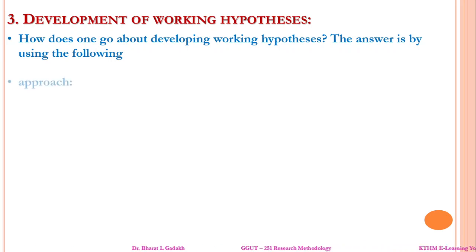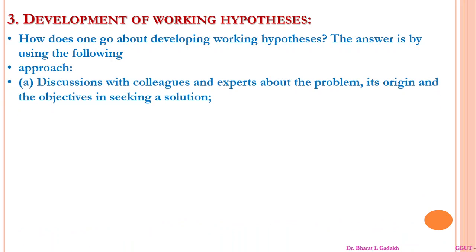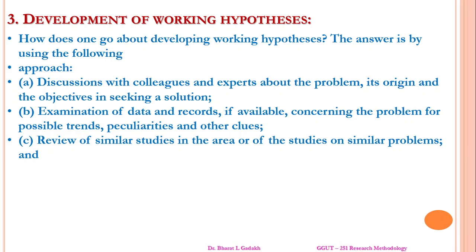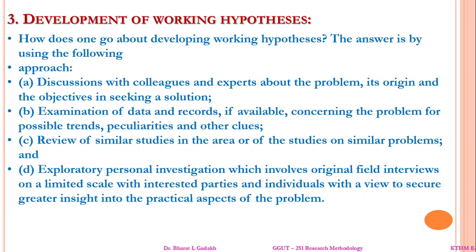The answer may be by using the following approach: discussion with colleagues and experts about the problem, its origin and the objectives in seeking a solution; examination of the data and records available concerning the problem for possible trends, regularities and other clues; review of similar studies in the area or of studies on similar problems; and exploratory personal investigation, which involves original field interviews on a limited scale with interested parties and individuals with a view to securing greater insight into the particular aspects of the problem.